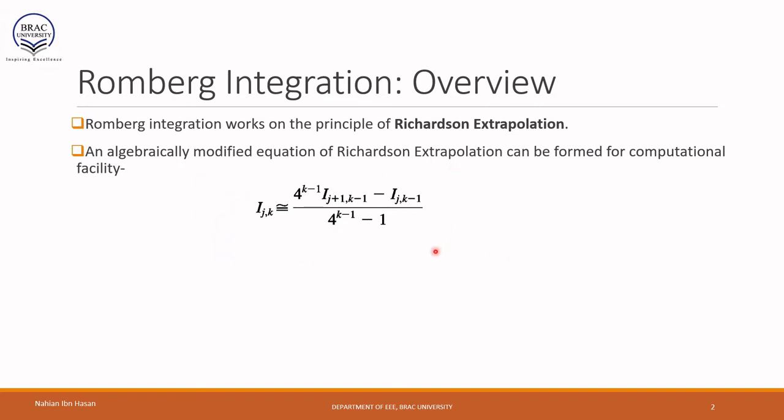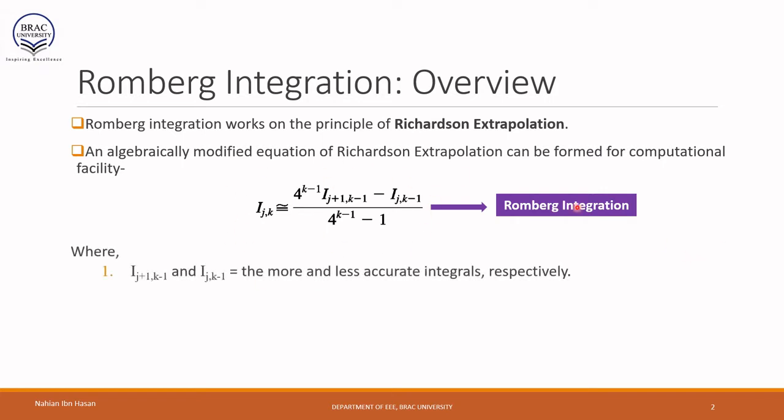This equation is very helpful for computation. These formulas can be directly applied in computational code, like MATLAB code, so that we can easily apply different formulas for different orders of accuracy in Richardson extrapolation. So this is actually the Romberg integration formula. Inherent in this formula are the Richardson extrapolation formulas.